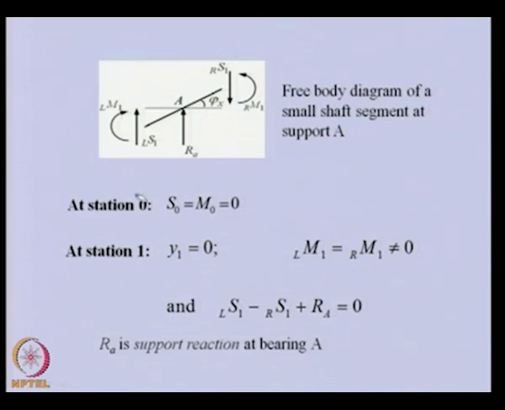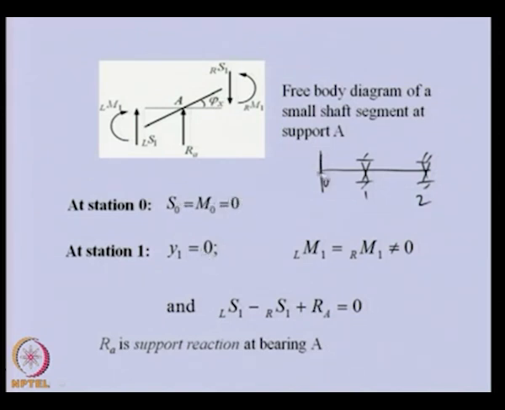At station 0, which is a free end, we expect that the shear force and bending moment will be 0, because we have a rotor system like this. Here one intermediate support is there, here one support is there, this is station 0, 1, 2. So at station 0 we have a free end condition.